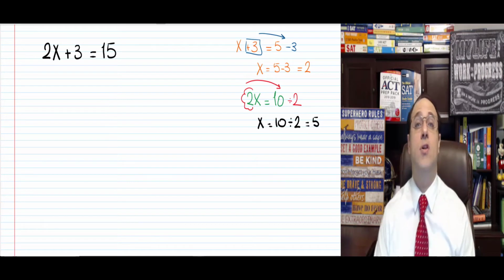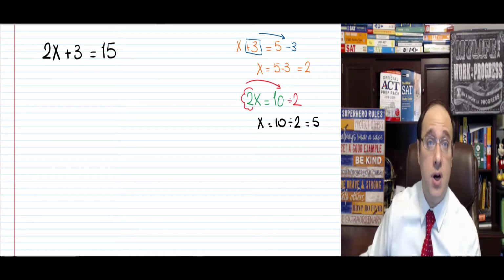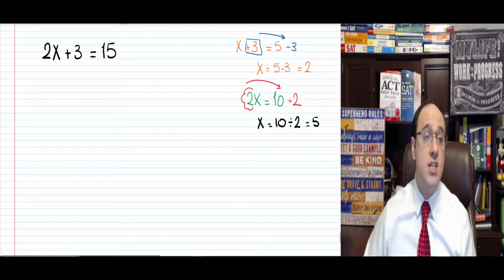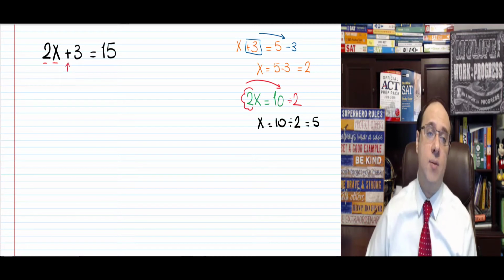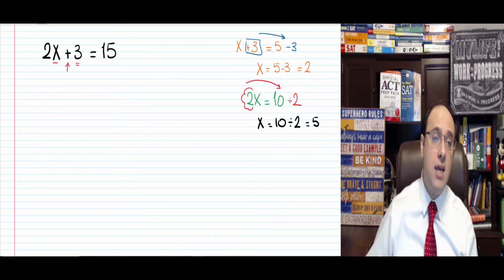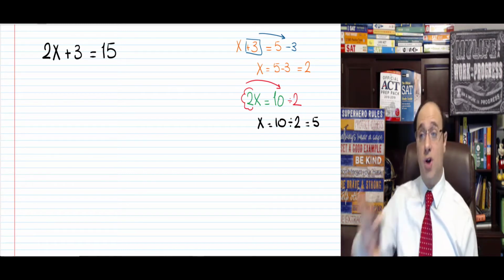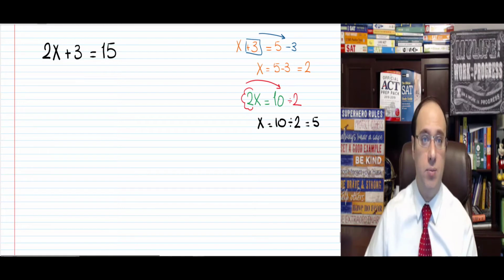How is the question on the left different from these two? It's different because here we have something multiplied by x and we have something added to that x. So it's actually combining the two concepts we learned on the right before. How do we do this? Well, it's very simple.